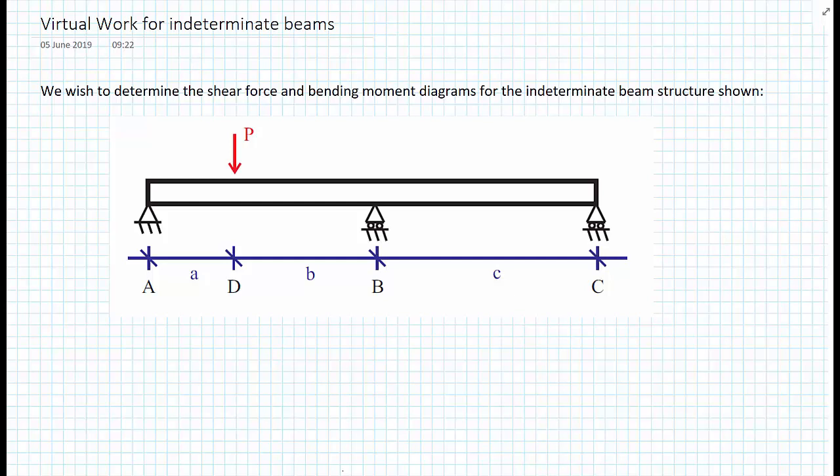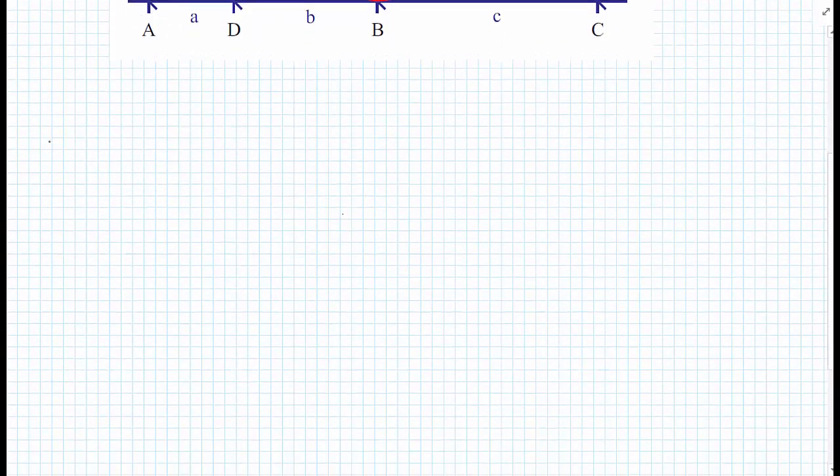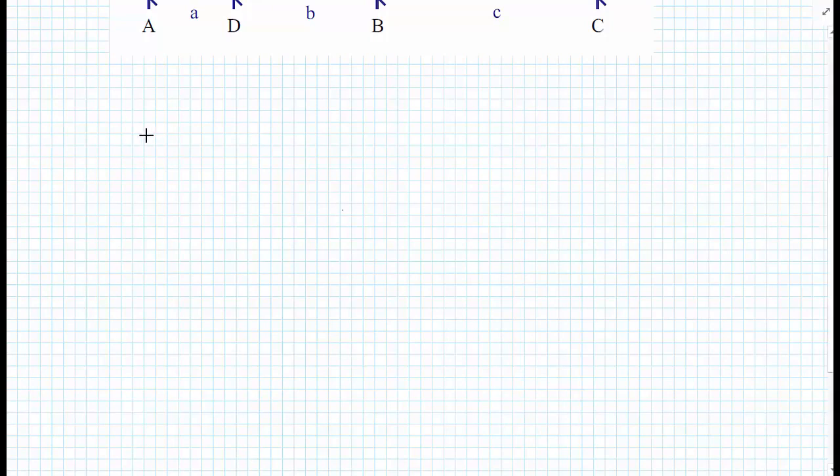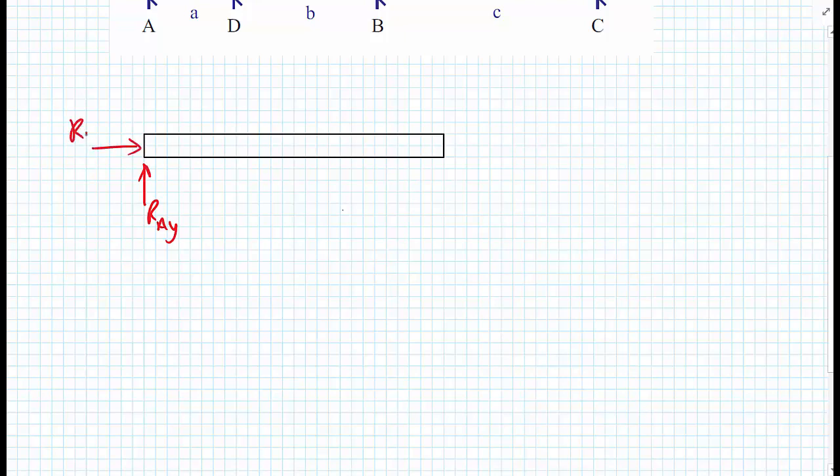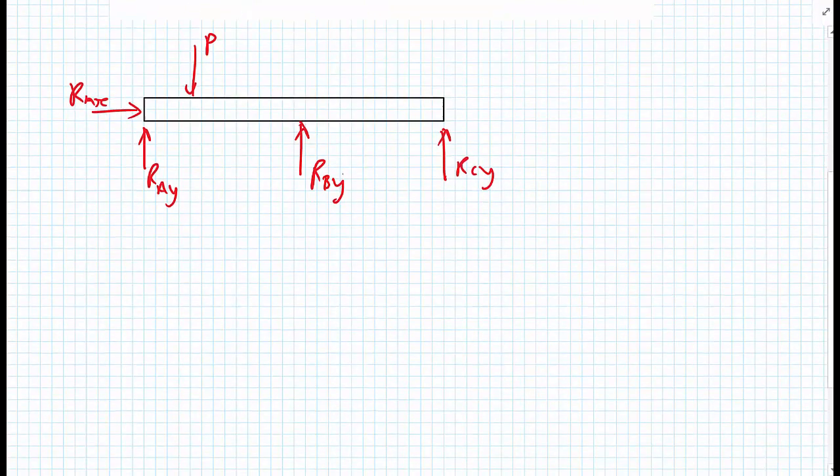And we could remove any one of these redundant supports, but for this explanation, I'm going to remove the redundant support at B. So the concept is, if we had the original structure, so we had RAY, RAX, we have the real load P, a reaction RBY, and a reaction RCY.